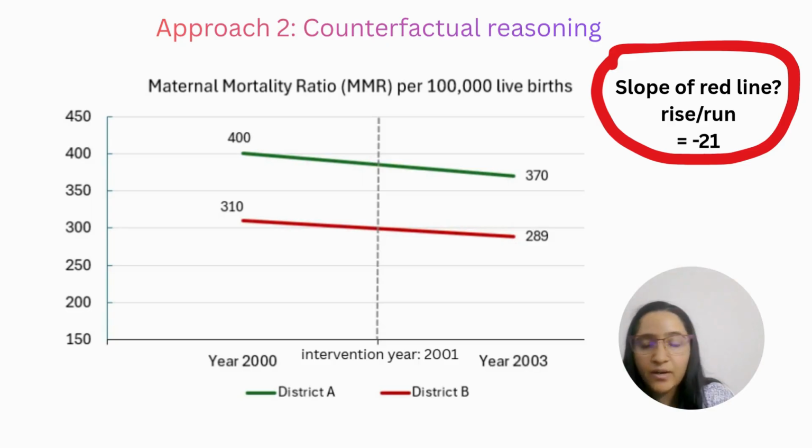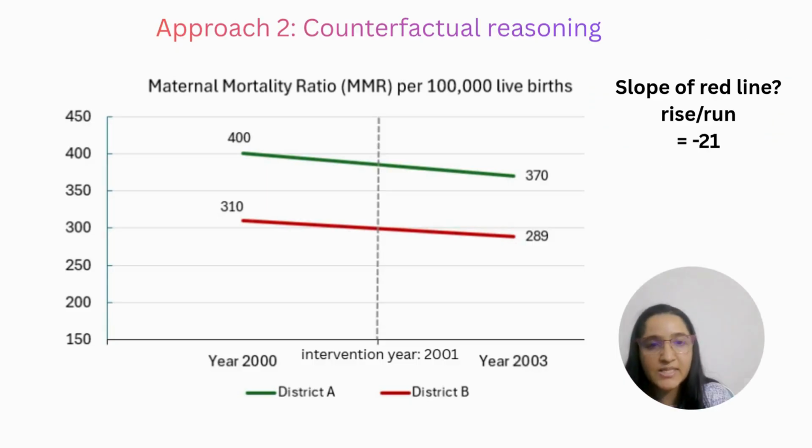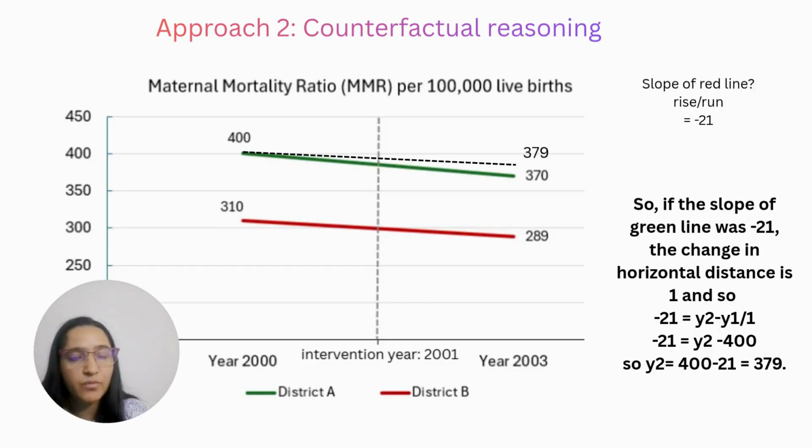If we do that, we can easily get 289 minus 310 divided by 1 as the slope of the red line, which is -21. And then we assume that the slope of both the red and green line is the same. So that means if the slope of this green line was -21, we can then easily calculate the change in vertical distance.